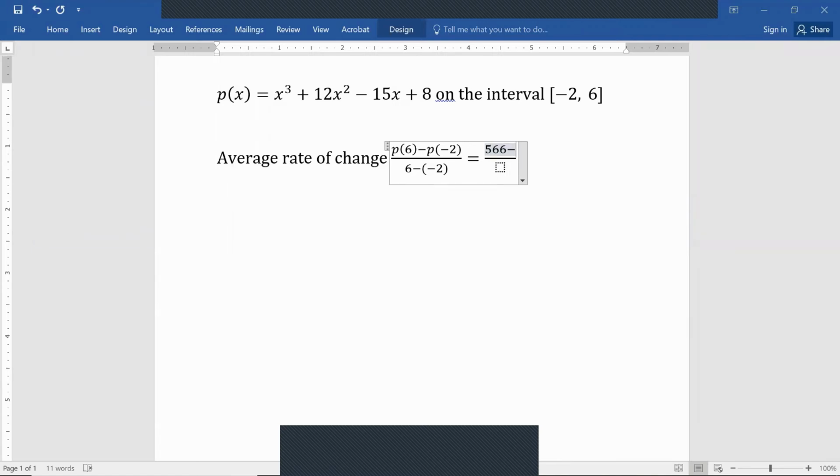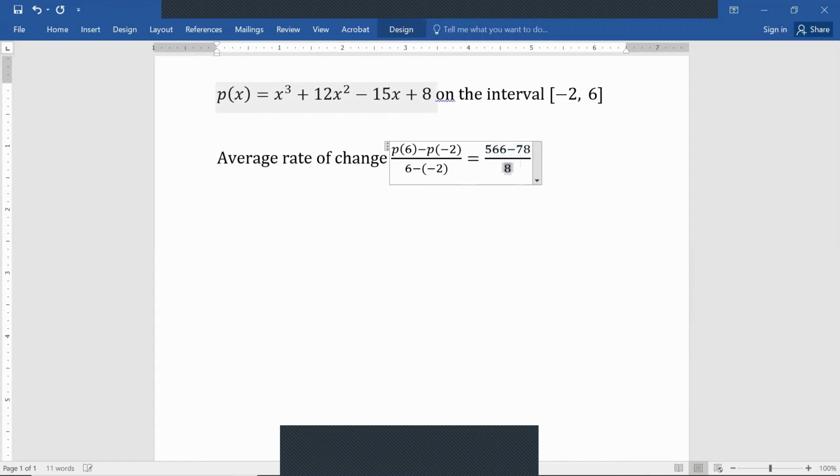When we plug in -2 into the function, -2 cubed plus 12 times -2 squared minus 15 times -2 plus 8 gives me a 78.